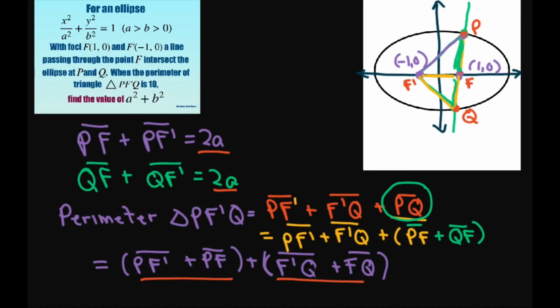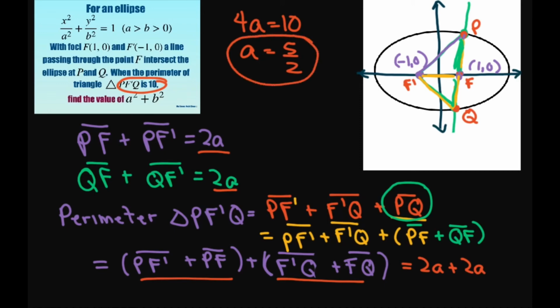So we have 2a plus 2a, and that equals 4a. We also know that equals 10. So basically we have 4a equals 10. Solving for a, we get a equals 5 divided by 2.